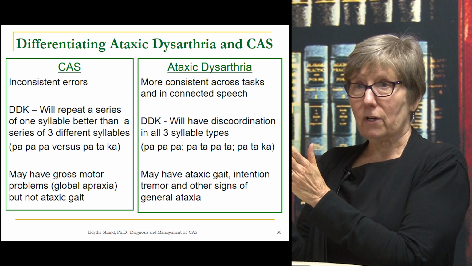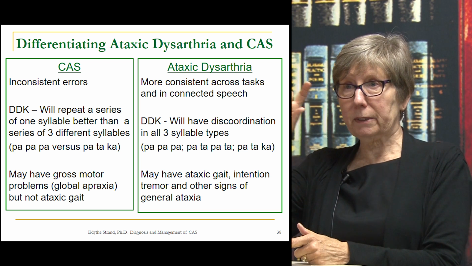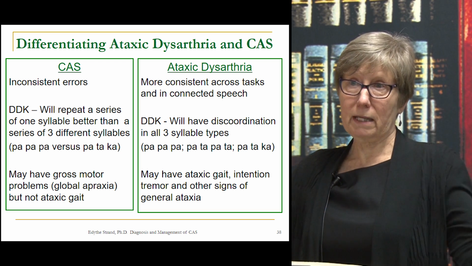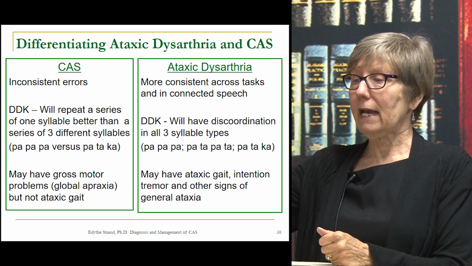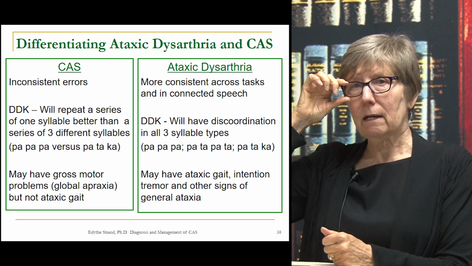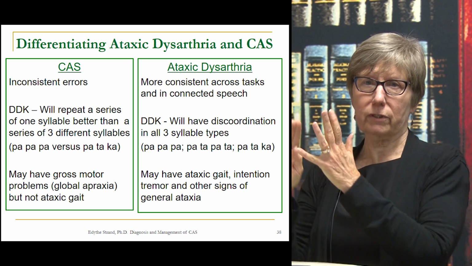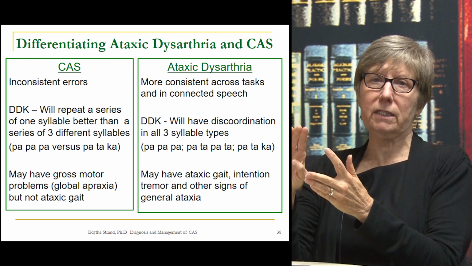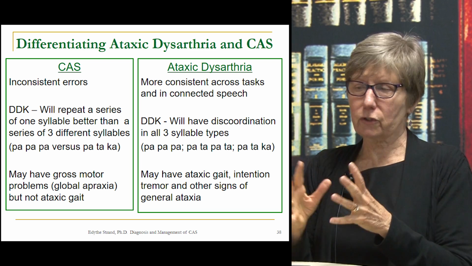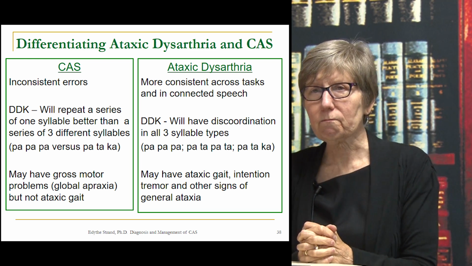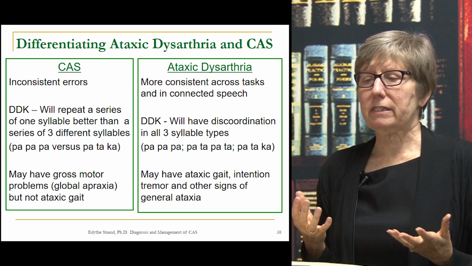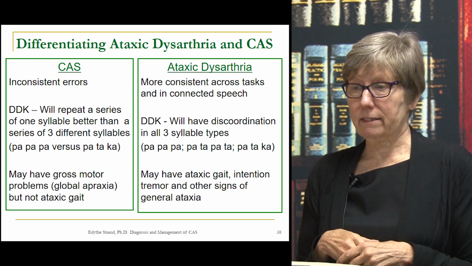For ataxic dysarthria, usually the children will be talking along more than maybe a child with severe apraxia. And you will see inconsistency, but it's throughout all these tasks, through connected speech, through repetitive speech, in isolated words and short phrases, etc. You can also see some differences in diadochokinetic tasks.